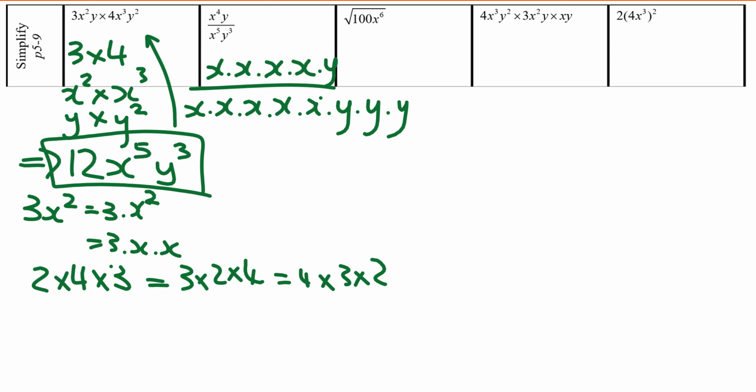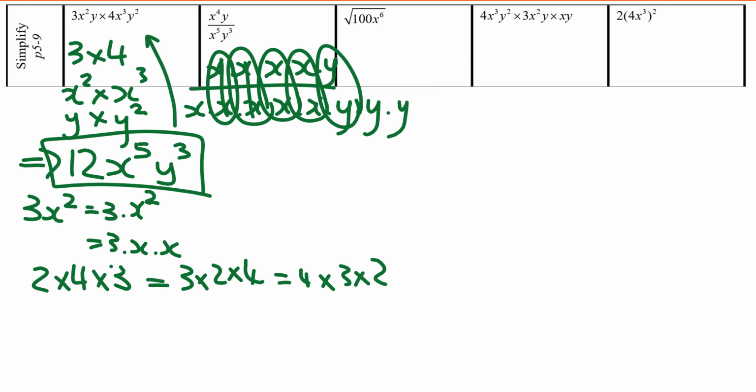Can I simplify anything there? How many 1s do I have? Remember, 1 is x over x. What's that? 1. x over x is 1. Any other 1s I have up there? y.